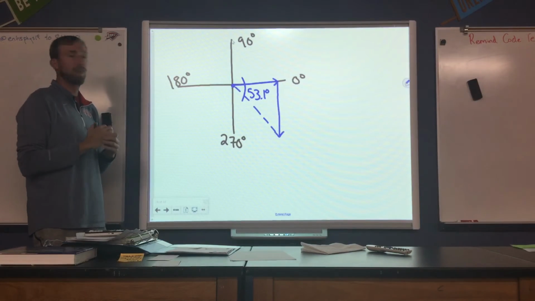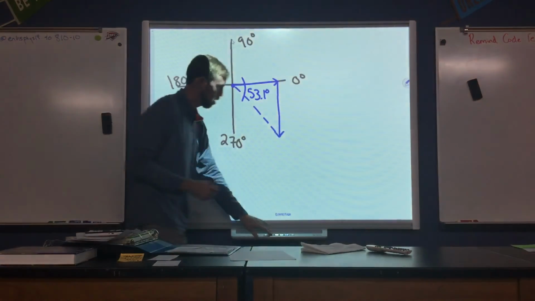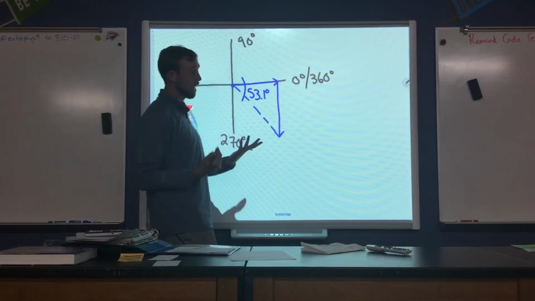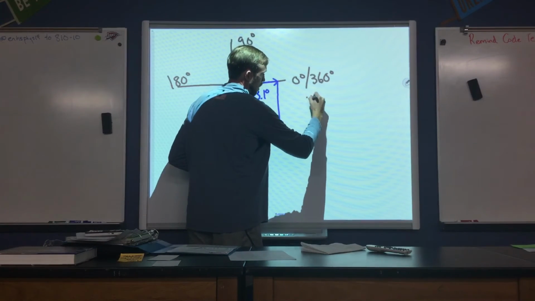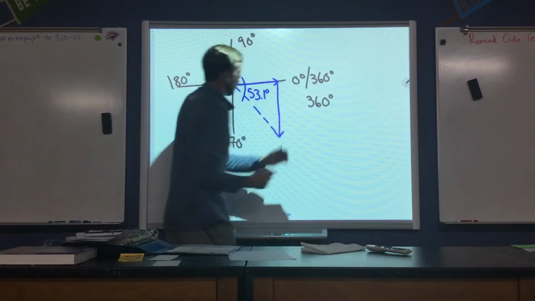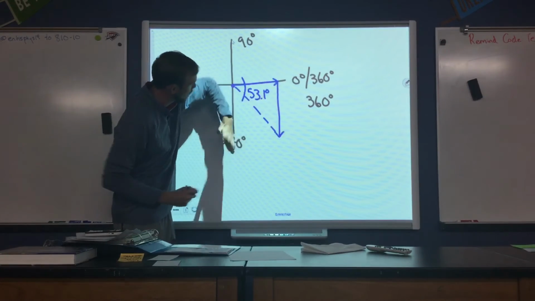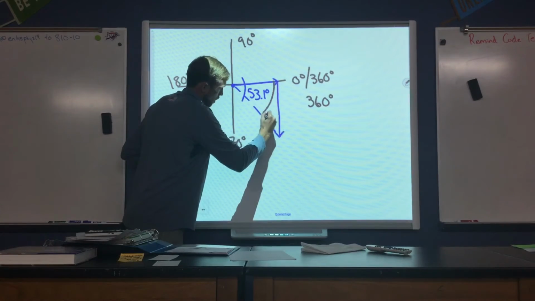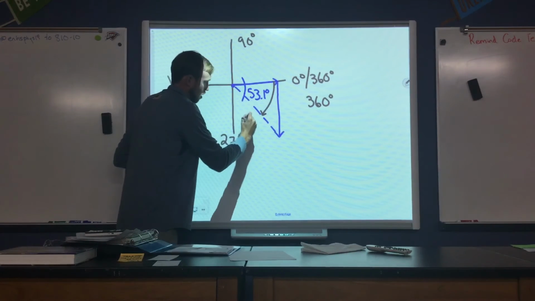So here, there are a few things that we can do. We know that this is 0 or 360. So we can take our value and say that this is 360 degrees. And because we are rotating back, or going down from our reference point to hit our vector, this is t right here.